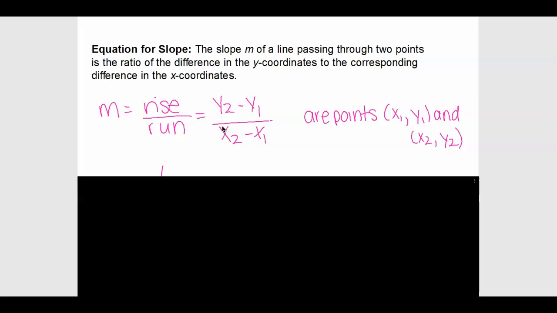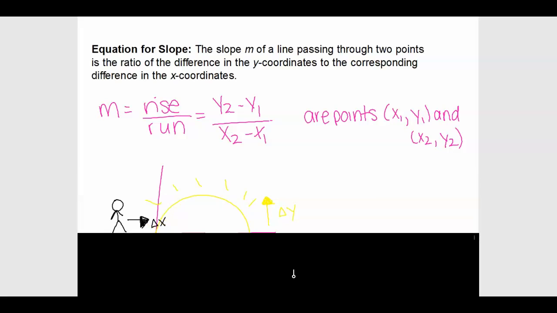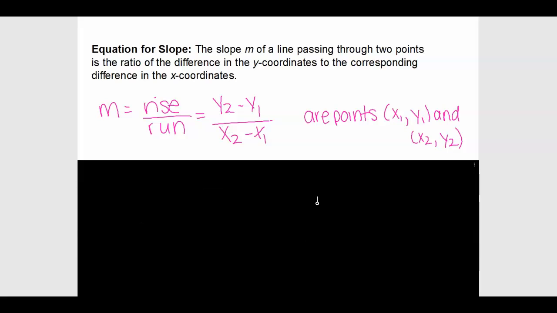So the formula is y2 minus y1 over x2 minus x1, where x1 and y1 are my given points.